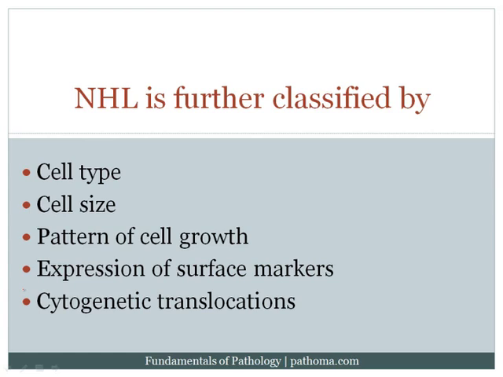So I'm going to base my division of non-Hodgkin's lymphoma on cell size. In our discussion, we're going to be focusing on the B cell types of non-Hodgkin's lymphoma, which are the vast majority of non-Hodgkin's lymphoma. Part of that discussion will also be based on pattern of growth. But this will become clear just in a moment.